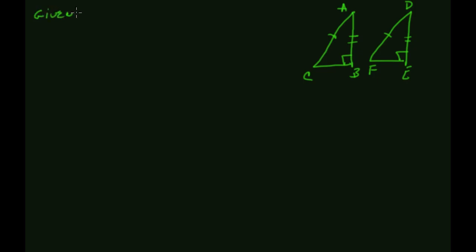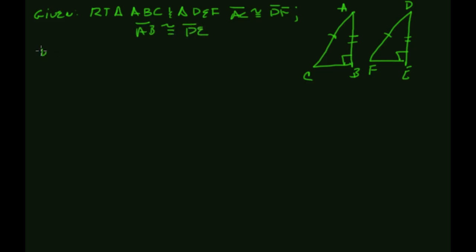Given: right triangle ABC and triangle DEF such that AC is congruent to DF and AB is congruent to DE. And we want to prove that triangle ABC is congruent to triangle DEF.